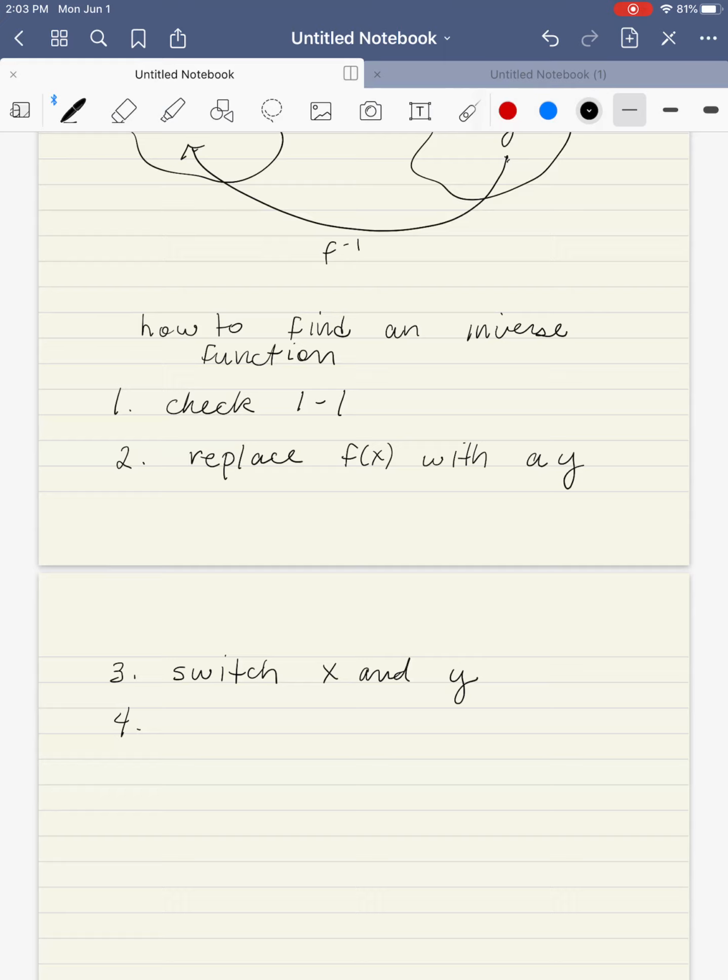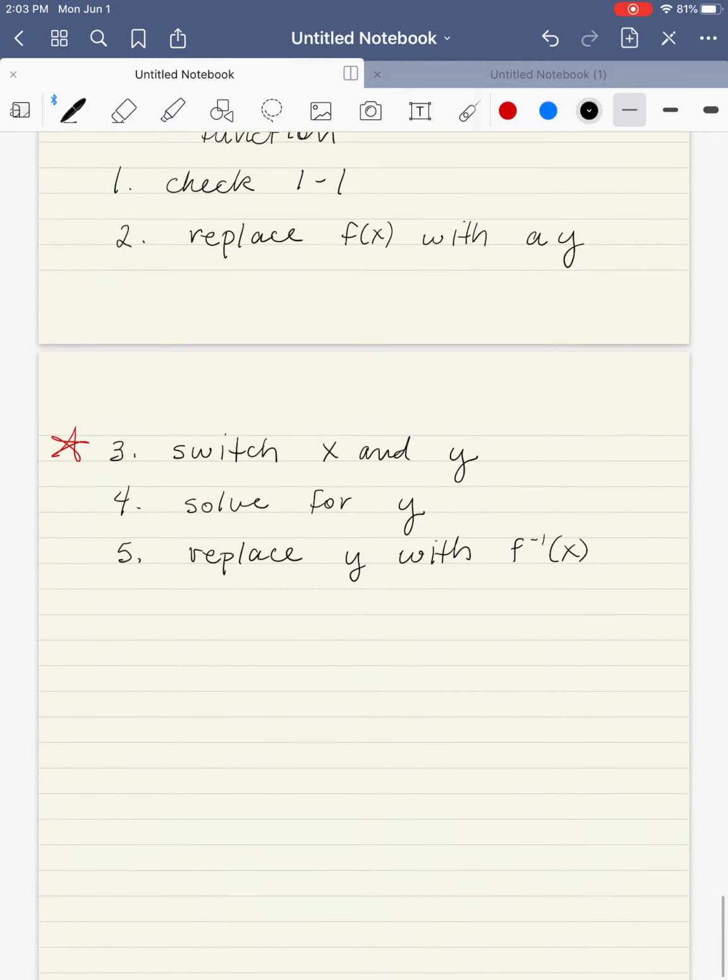But we don't normally write a function with the y within the relation. We normally have the y all by itself to one side. So my next step is to solve for y, isolate y, and then that y is my new inverse function. So we're going to replace y with f inverse of x. The big, important step here is when we switch x and y.